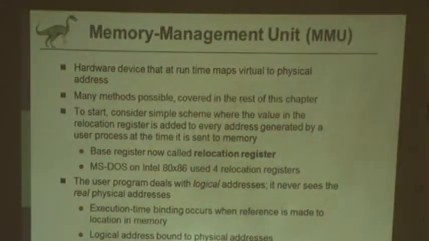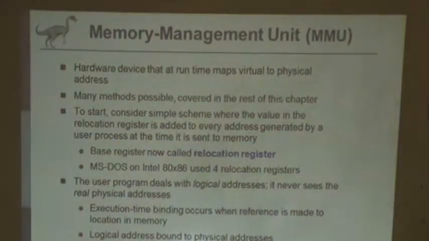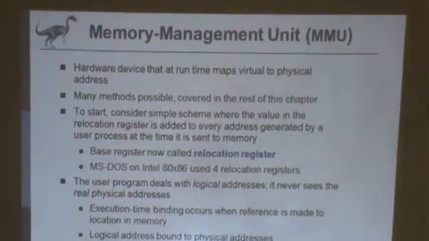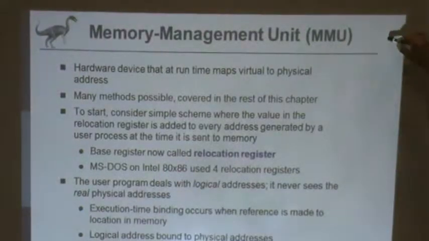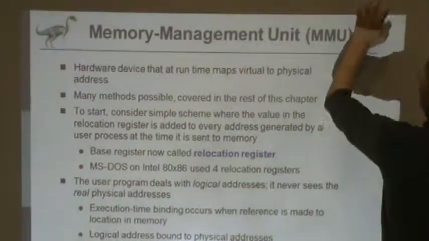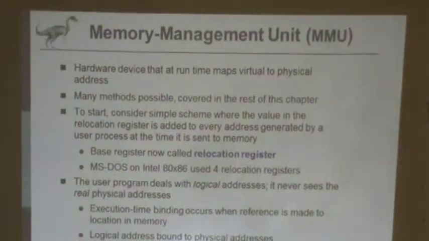So we need to manage such a logical address and physical address, where? In the memory space, because the CPU can access only the memory area. So we need to manage such a mapping between logical address and physical address.